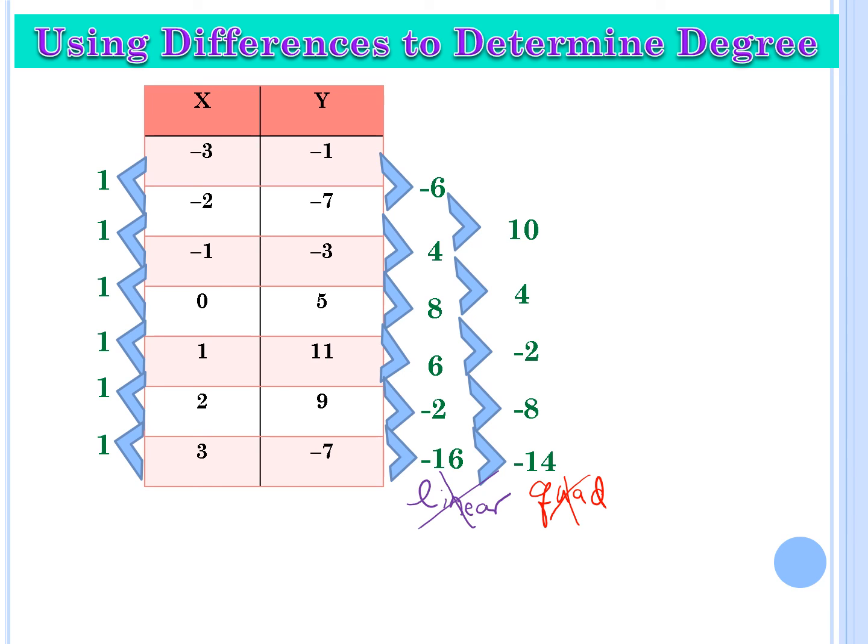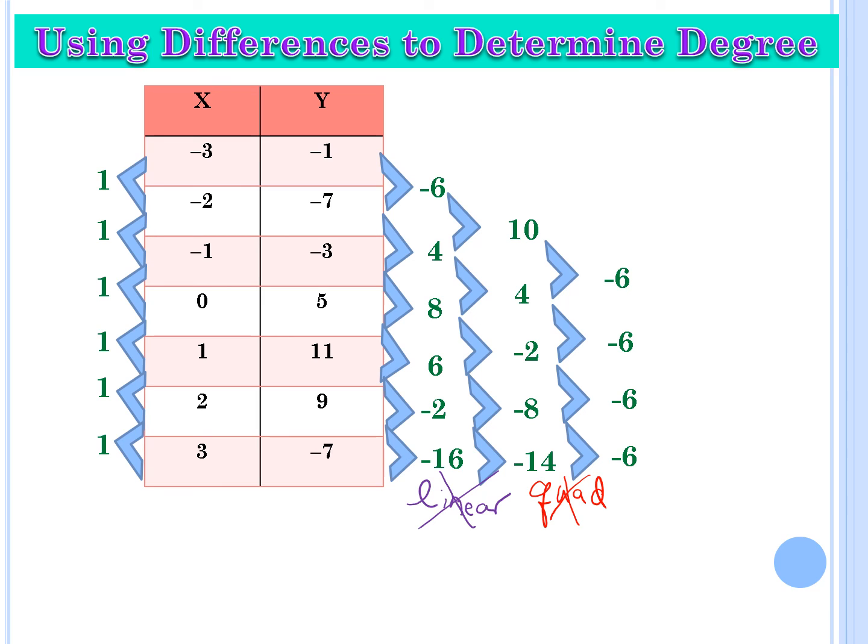So let's go out another level. 10 to 4 is a decrease of 6. 4 to -2, a decrease of 6. -2 to -8, decrease of 6. And -8 to -14 is a decrease of 6.